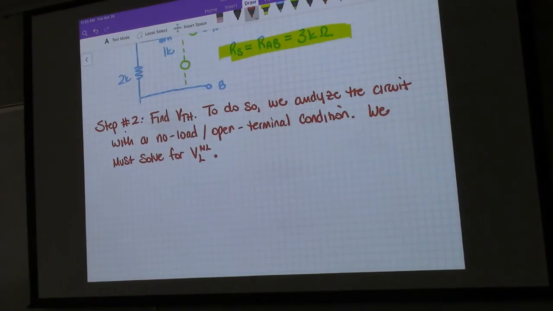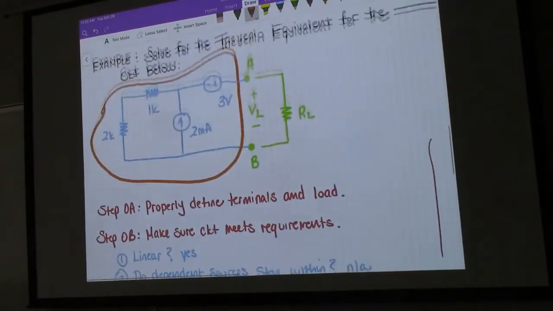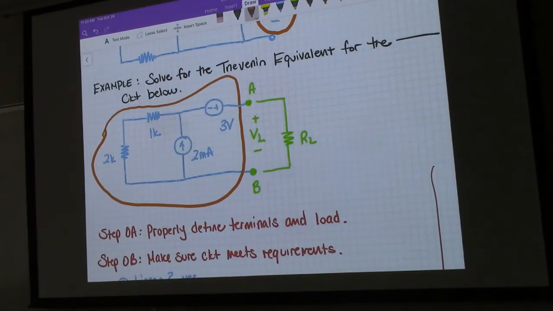Next, we want to find the Thevenin voltage. In order to do that, we're going to analyze the circuit in a no-load or open terminal condition. What does that mean? It simply means there's nothing there.